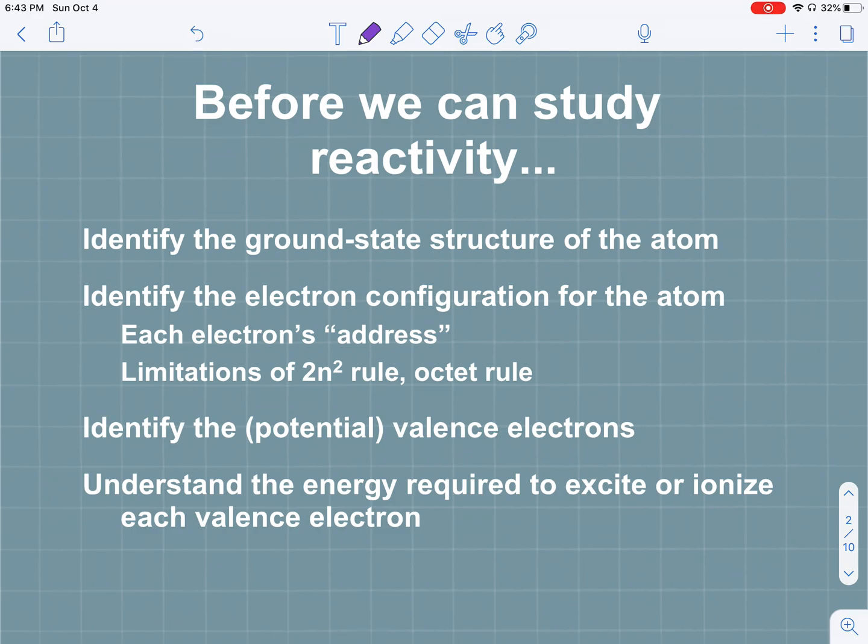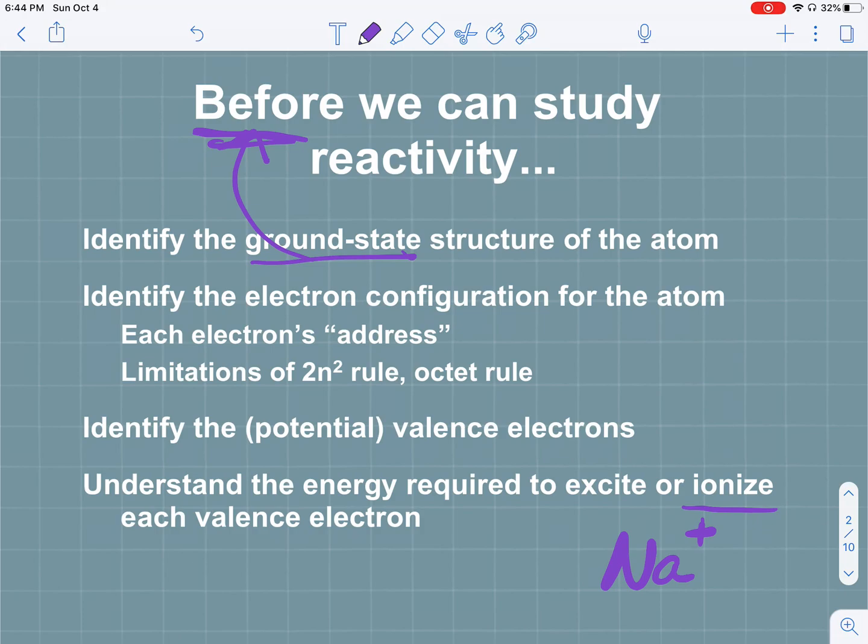And then we also can have an understanding of exactly how much energy it takes to bring those electrons from the ground state to some sort of an excited state, or to completely knock the electron off of the atom and ionize it, so to give it a charge. And we looked at how sodium pretty easily loses 1 electron to become a sodium ion that has a positive 1 charge.